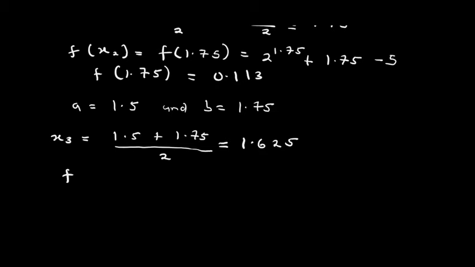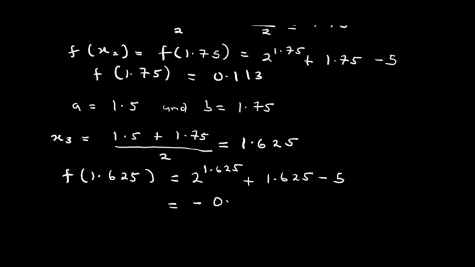So f of 1.625 is the same as 2 to the power of 1.625 plus 1.625 minus 5, which is equal to minus 0.2906.